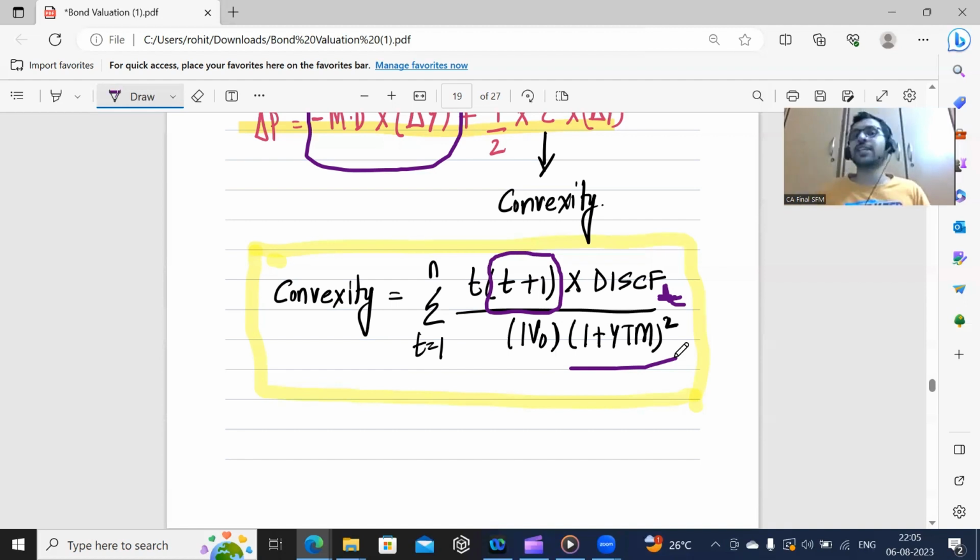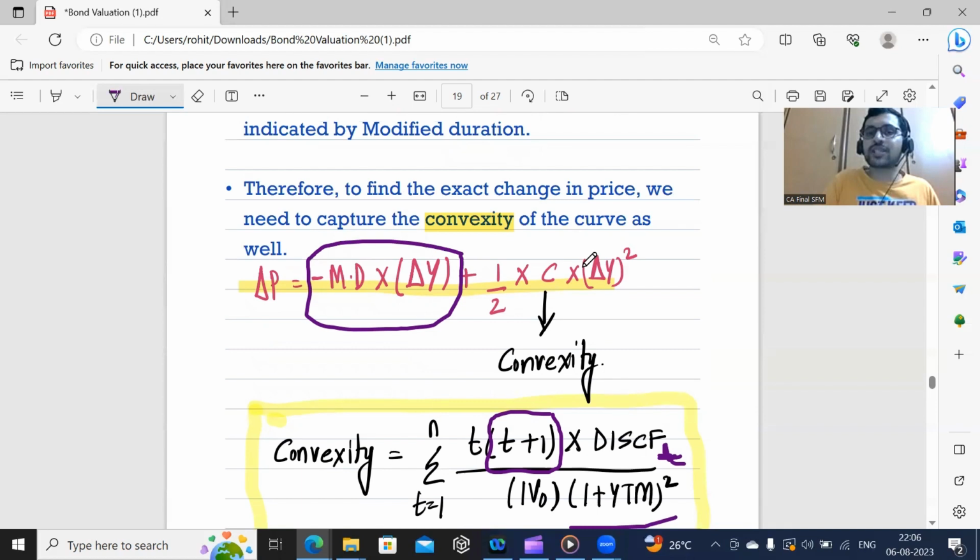Convexity is t into (t plus 1) multiplied by discounted cash flow for the respective year, the whole divided by IV0 into (1 plus YTM) the whole square. So the two additional terms are (t plus 1) in the numerator, and in the denominator another 1 plus YTM getting multiplied, hence 1 plus YTM the whole square.